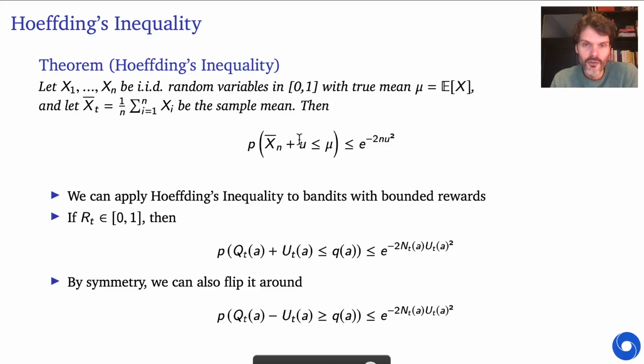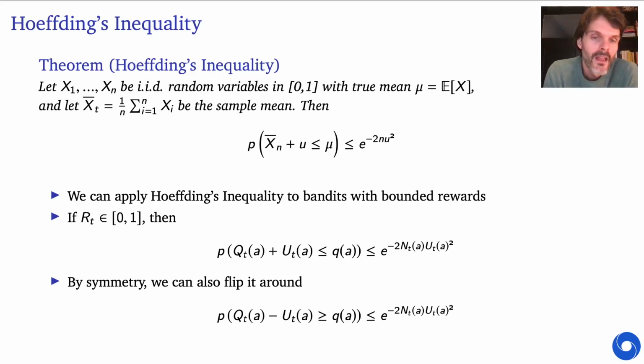Similarly, if we pick this u to be larger, the probability also decreases, which means that even for a given number of elements in our mean, if we consider it to be far away enough, then it becomes exceedingly unlikely that our sample mean is that far off.